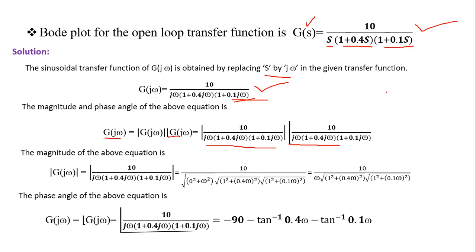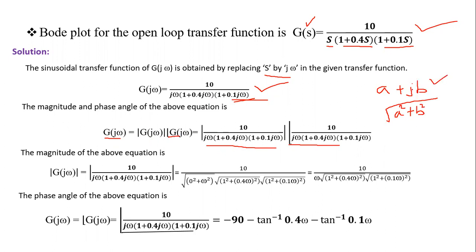It is already in complex form, a plus jb. If you want to identify the polar form, that is the magnitude and phase angle, the magnitude will come as root of a square plus b square, where a is the real part and b is the imaginary part.